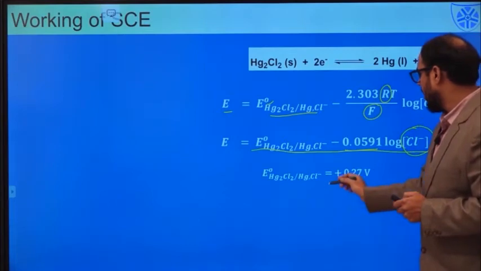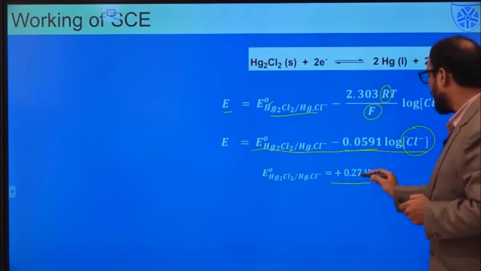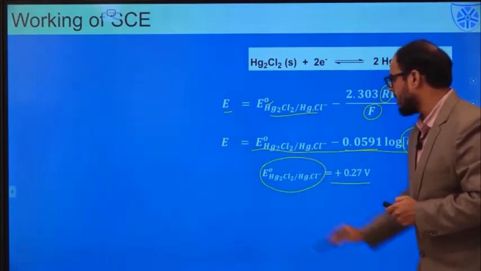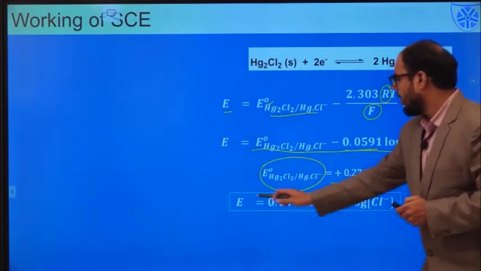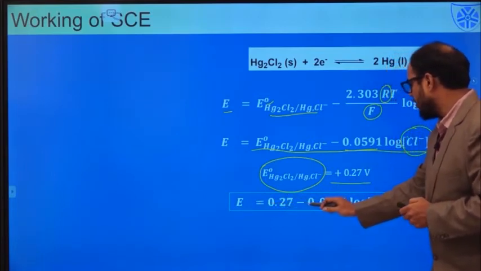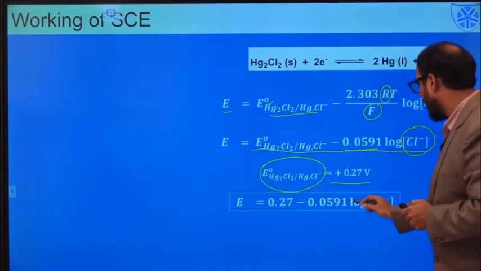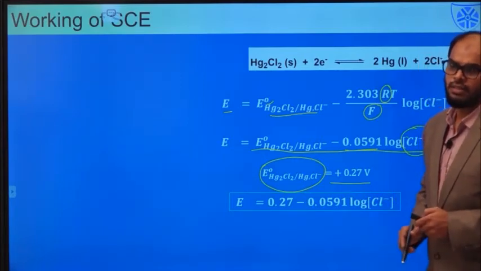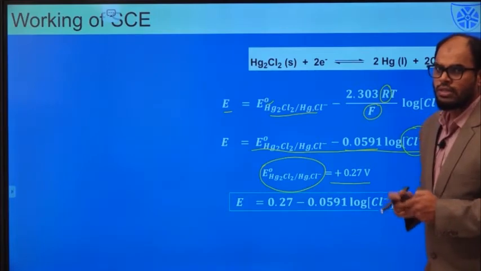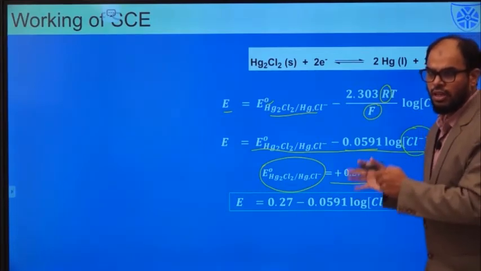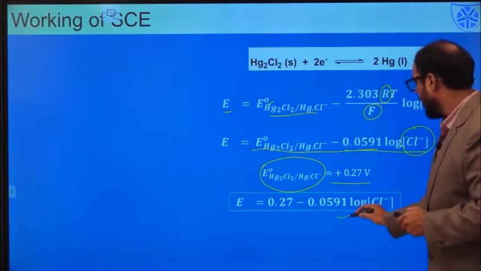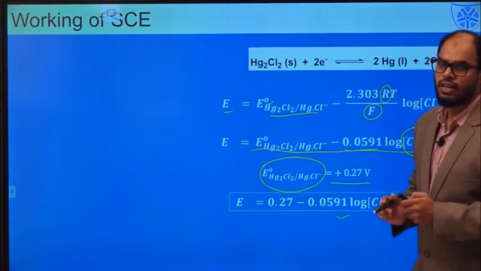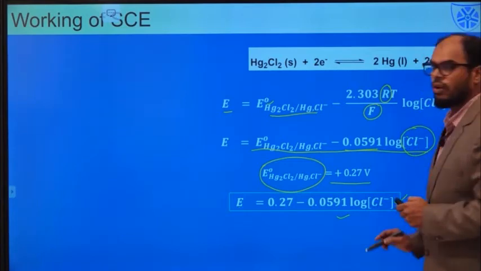So finally, on substituting the value of 0.27 from the electrochemical series at standard condition, the final answer would be 0.27 minus 0.0591 log multiplied by the concentration of Cl minus. We can try to solve some numerical problems using this equation, where we can find the cell potential at non-standard condition when we know the concentration of chloride ions.